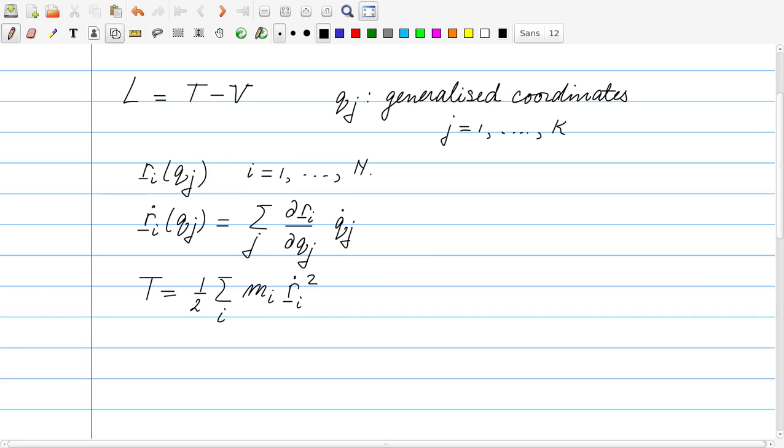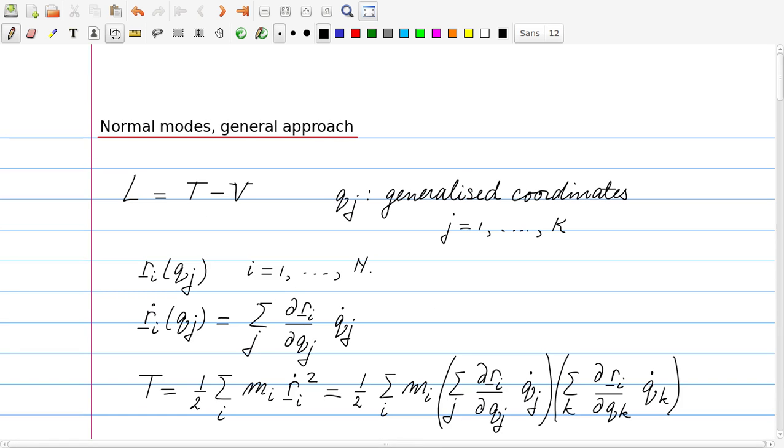Evaluating then the kinetic energy, which can be written as a half times the sum over all the particles, the sum over i always runs from 1 to n, times m_i r dot i squared, gives me 1/2 times the sum over i of m_i, and then I have replaced the first r dot i here by an expression like this, and then a similar expression for the second one, because there are two r dot i's here multiplied by each other.